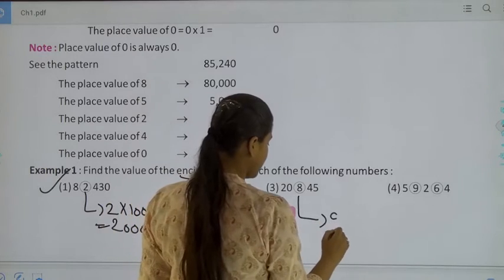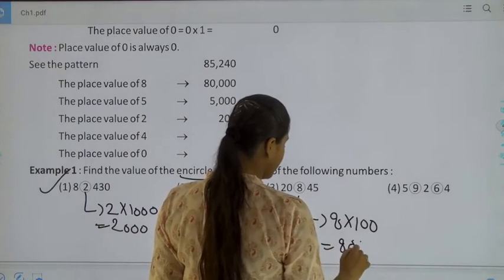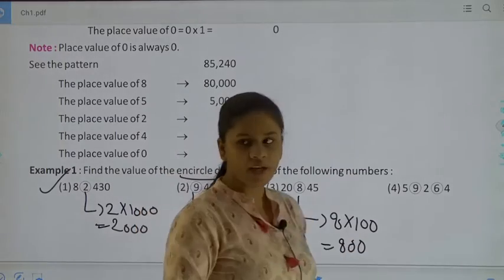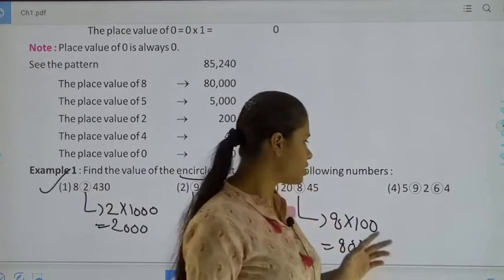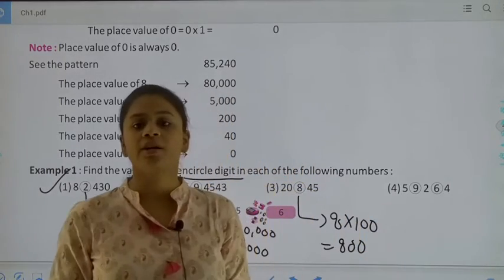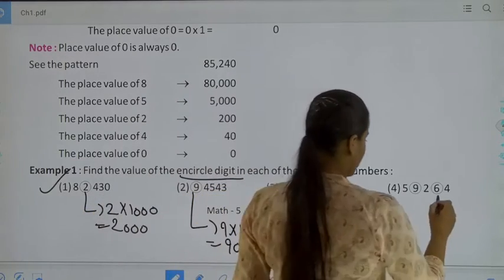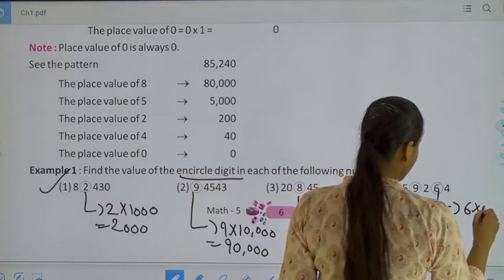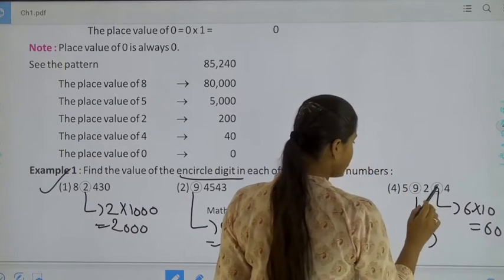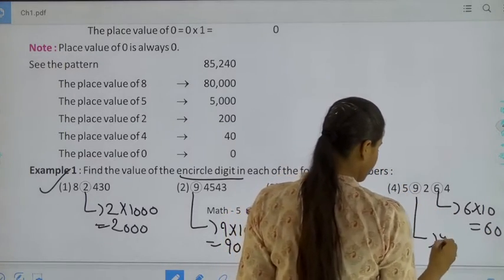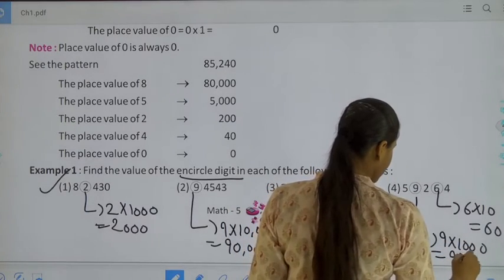It will be 8 multiplied by 100, it will be 800. Now move to the next, that is 59,264. In this part we have to tell the place value of 6, it will be 6 multiplied by 10, it will be 60. And 9 multiplied by 1,000, it will be 9,000.